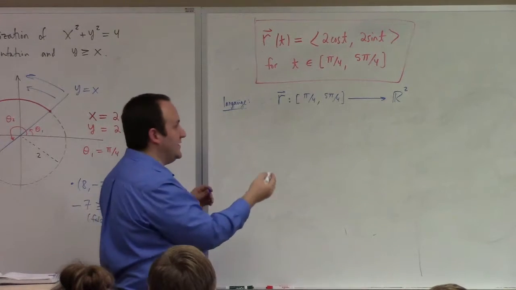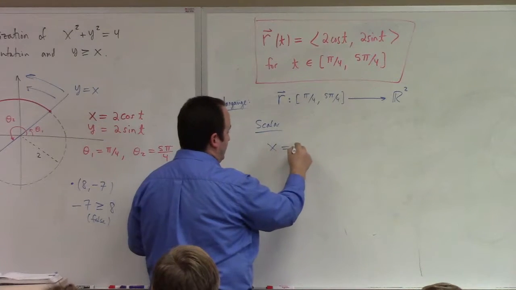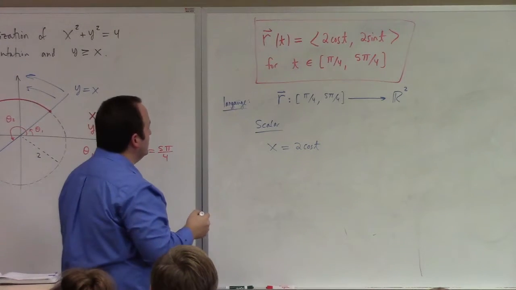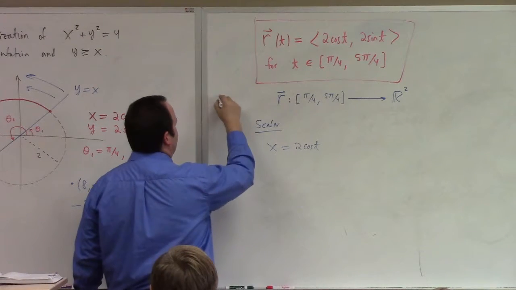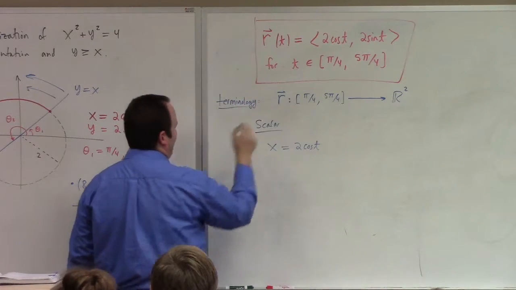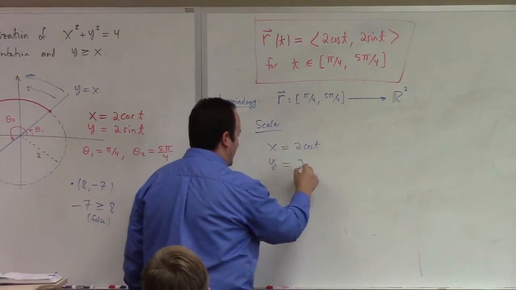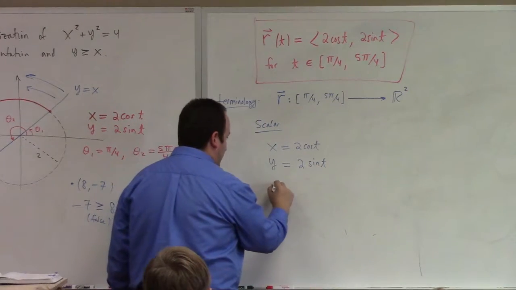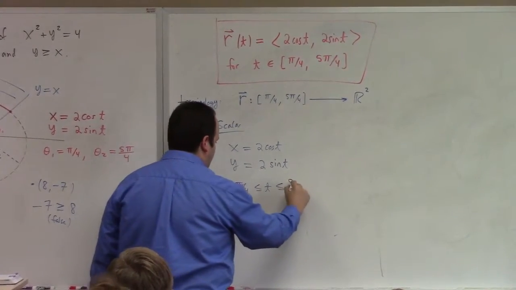Of course, you could also go with the scalar parametric equations, right? So scalar parametric equations look like x equals 2 cosine t, and y equals 2 sine t, and again we've got pi over 4 less than or equal to t less than or equal to 5 pi over 4. I think today's the day I'm not misspelling terminology, so we'll stick with that one.